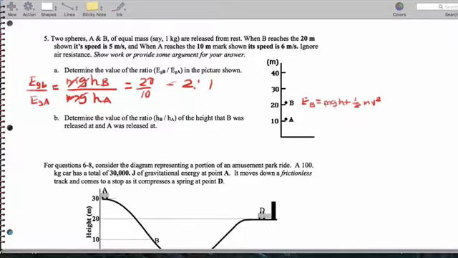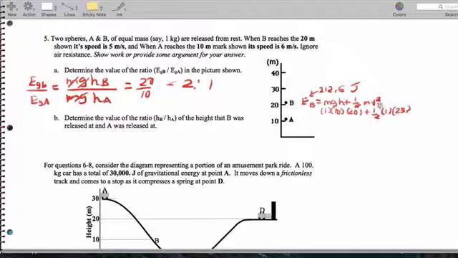So when I calculate EB, I'm going to get 1 times 10 times its height, which is 20, plus 1/2 times its mass, which is 1, and V squared is 25. So EB equals 212.5 joules.